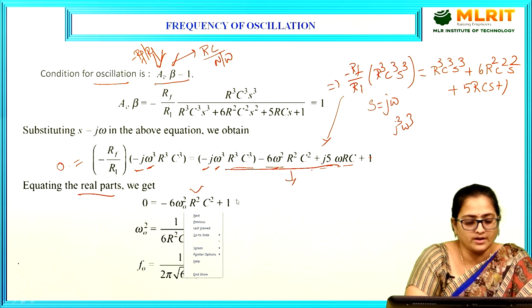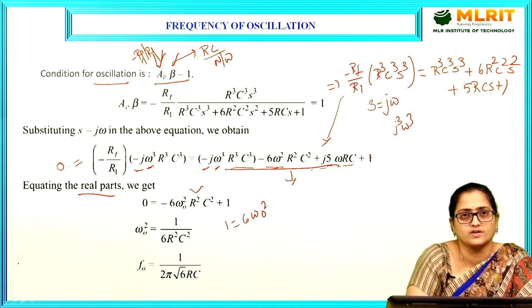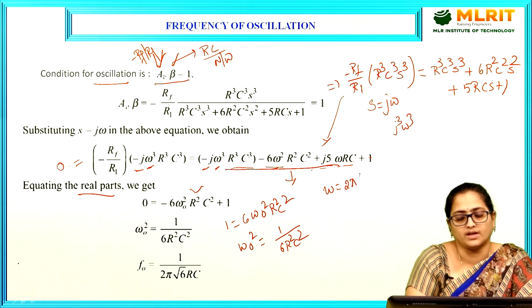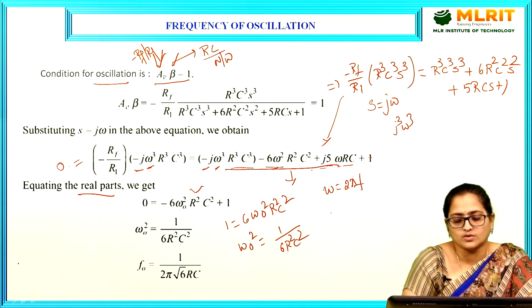You can rearrange this expression as 1 = 6 omega naught square R square C square, where you can write omega naught square as 1 by 6 R square C square. We know that omega is equal to 2 pi f. So omega naught square is given as 4 pi square f square, which is equal to 1 by 6 R square C square.